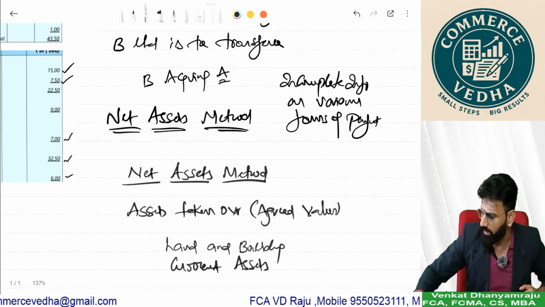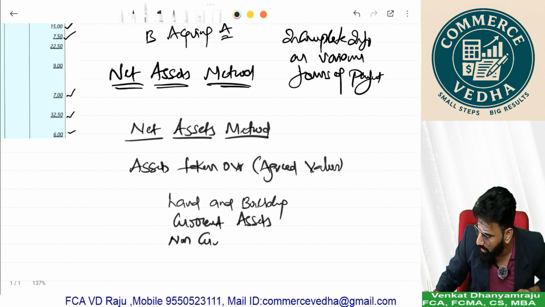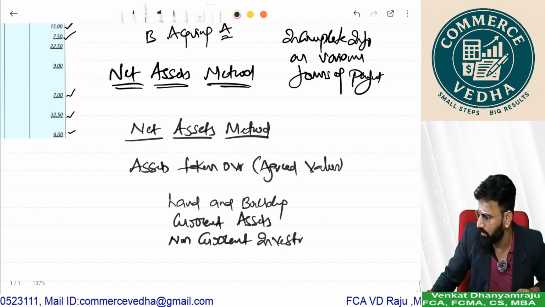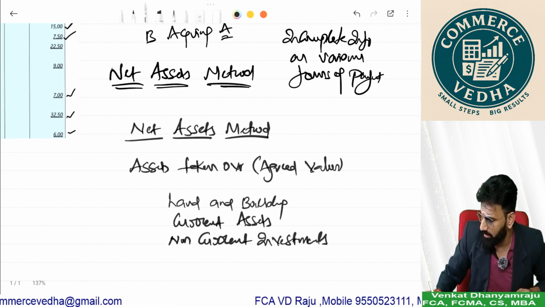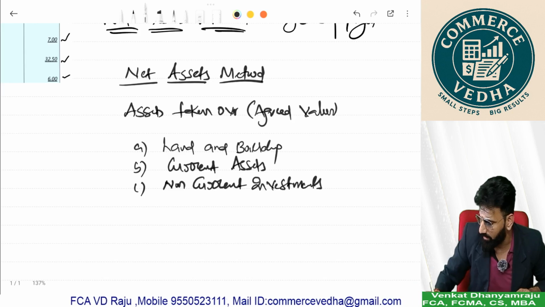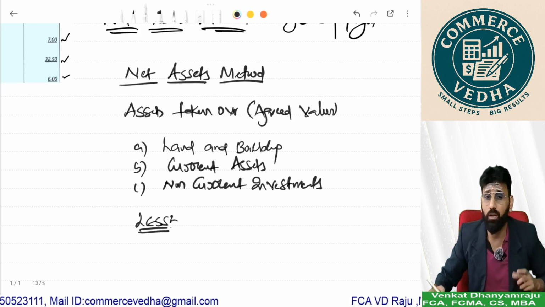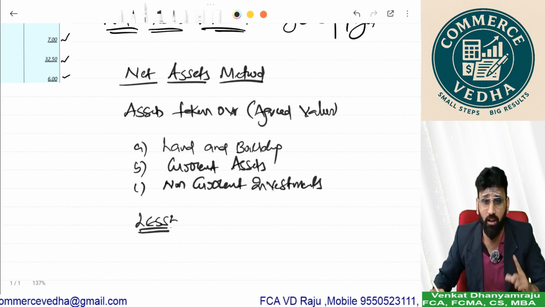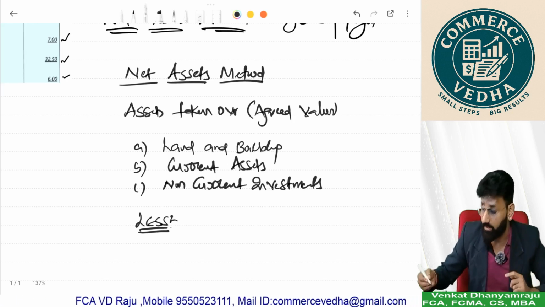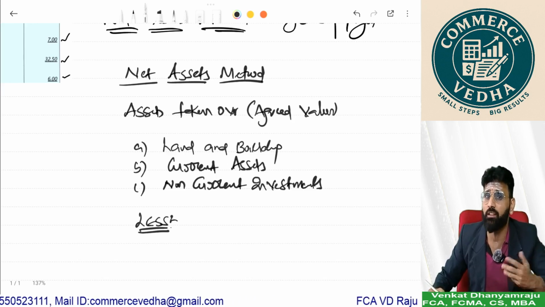And non-current investments. These are the assets in the books of A Limited. Less: as we know, any payment to debenture holders and creditors should not form part of PC. So we should compute net assets after deducting the amounts payable to debenture holders and trade payables.